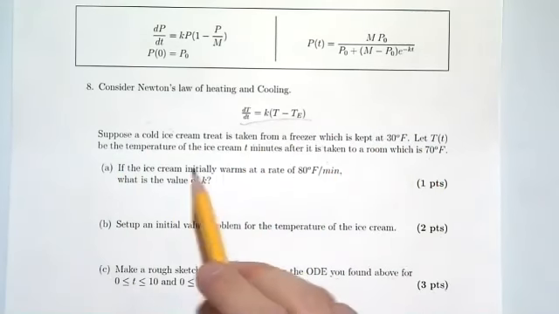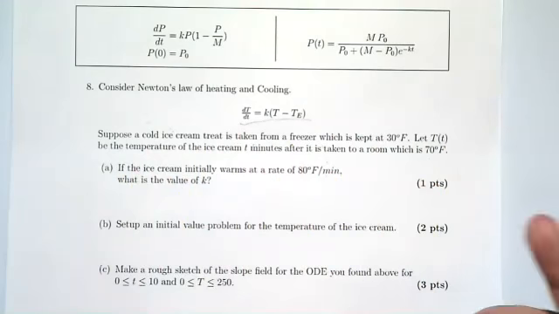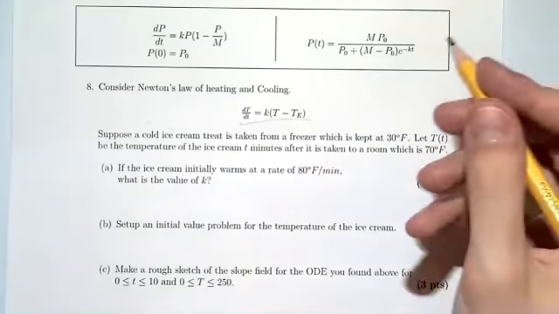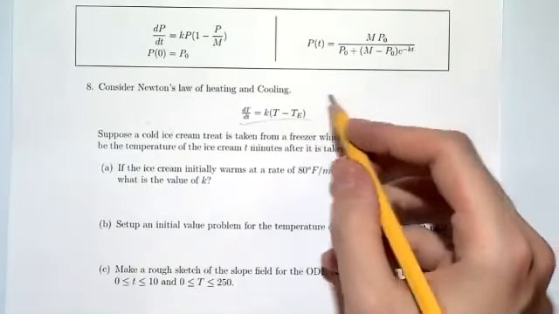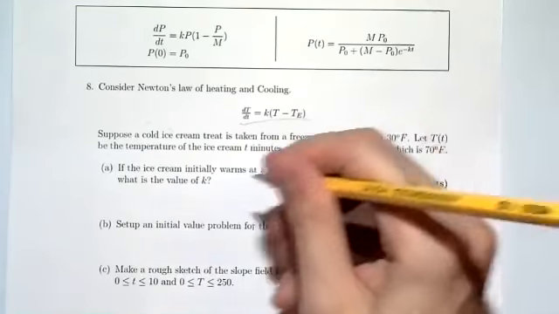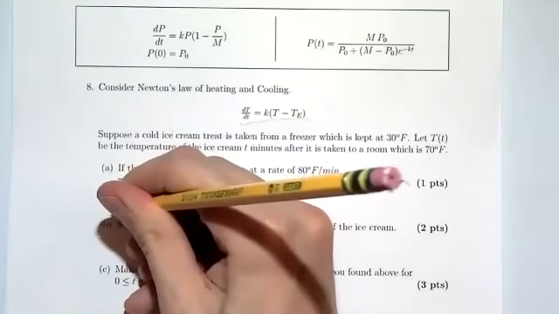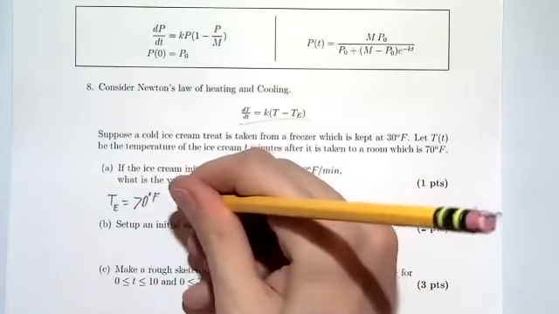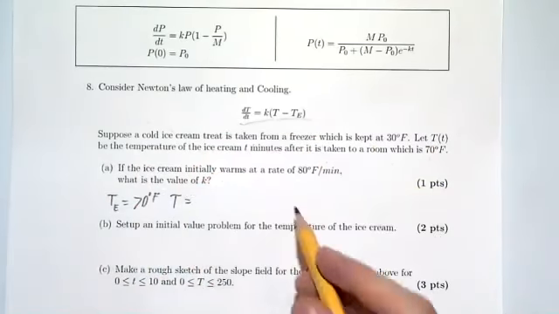Oh yeah. So that would be the temperature of the ice cream. And then it's taken to a room which is 70 degrees Fahrenheit. So our T_E in this case is going to be 70. Our T is going to be 30.